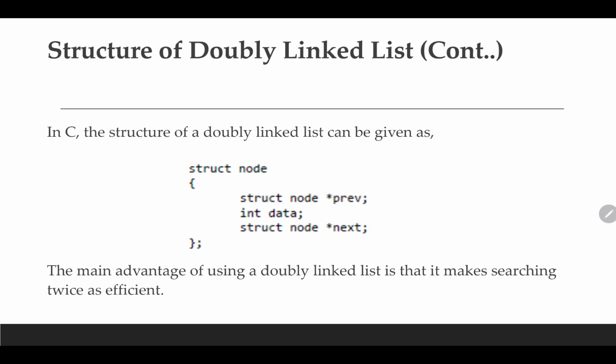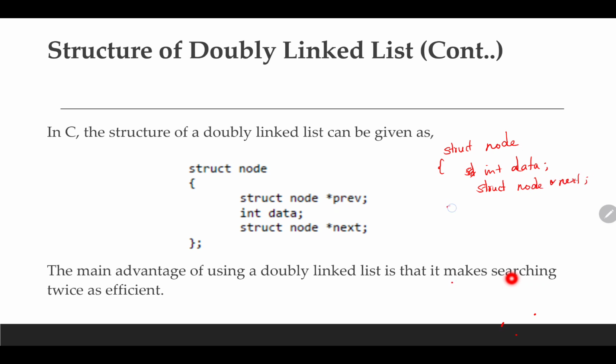Okay, and when you are using the structure concept in a doubly linked list, normally in a singly linked list or circular linked list, the structure we use looks like this: struct node, int data, then a self-referential pointer, struct node star next.